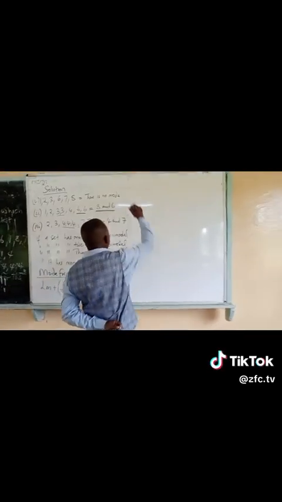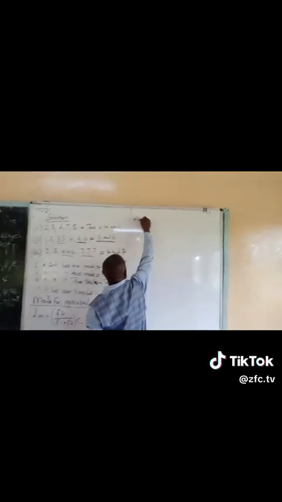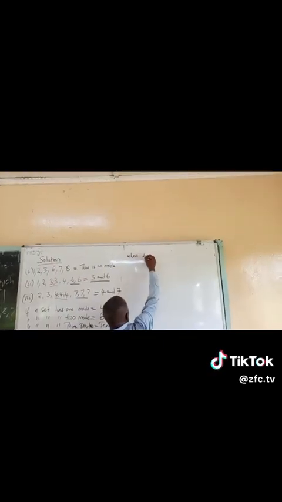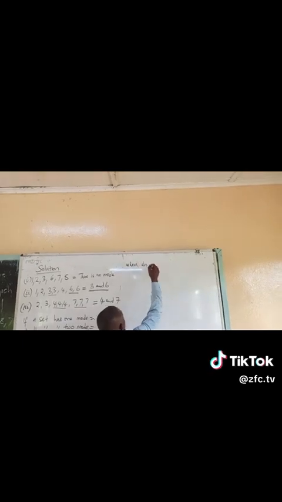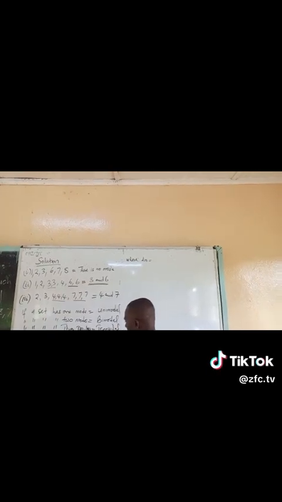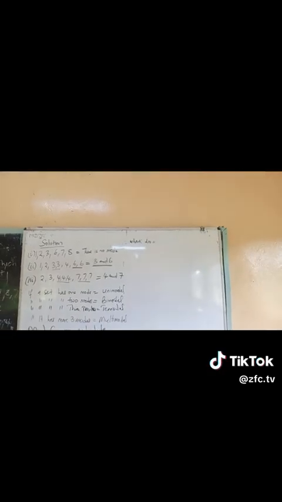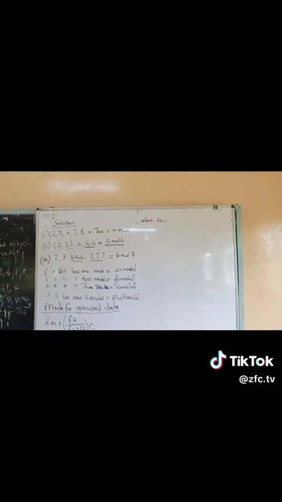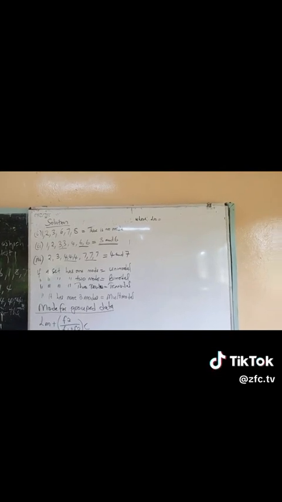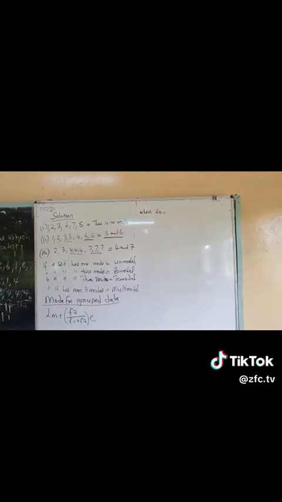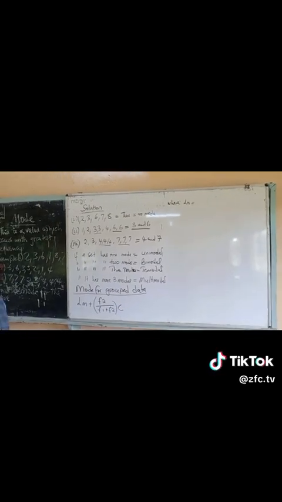Where LM stands for, that is very important for you to know. Every time you're doing statistics, you need to know the meanings of the symbols so you are able to understand what to put where you're supposed to put.